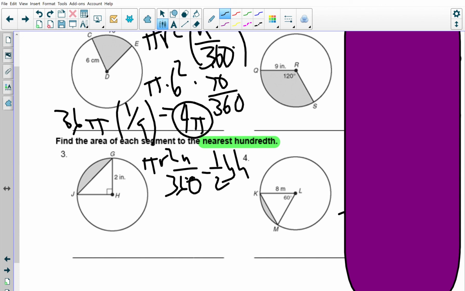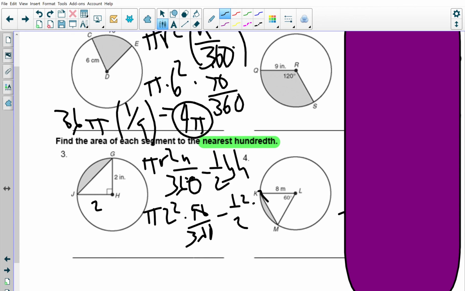So, we know that this is also 2 for our triangle. So we have pi 2 squared times 90 over 360. Wow, I really need a stylus. Minus 1/2 times 2 times 2.